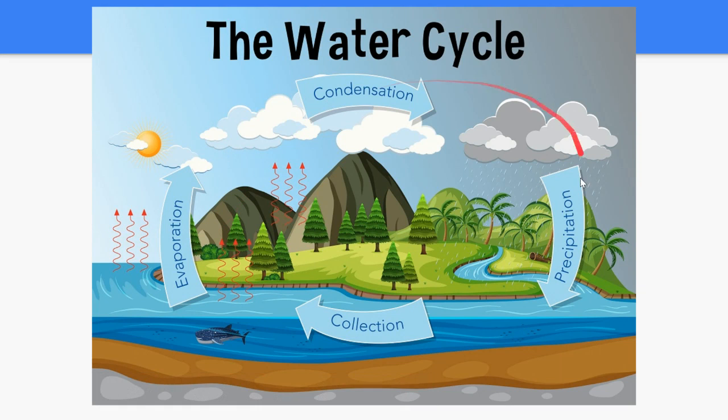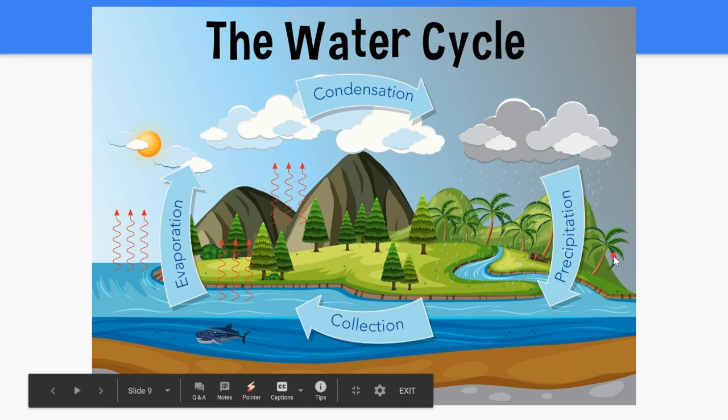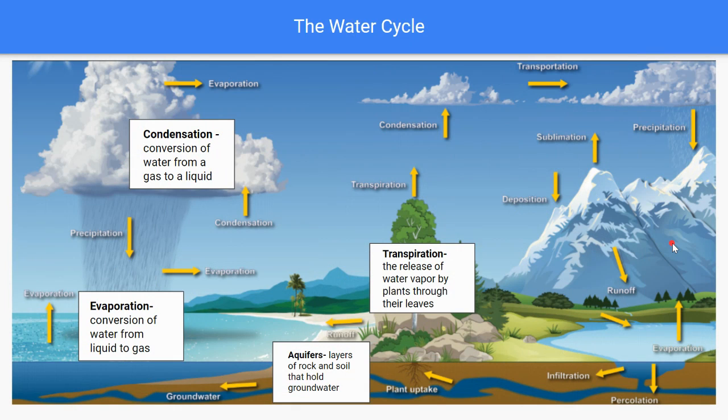And that's the water cycle that people usually think of, but that is not the water cycle we are going to talk about. The water cycle we are going to talk about looks kind of like this. So I want some sort of water cycle drawn in your notes with all of these phrases. You don't necessarily have to have these definitions, but I do want this kind of stuff put into your notes just so you have it.